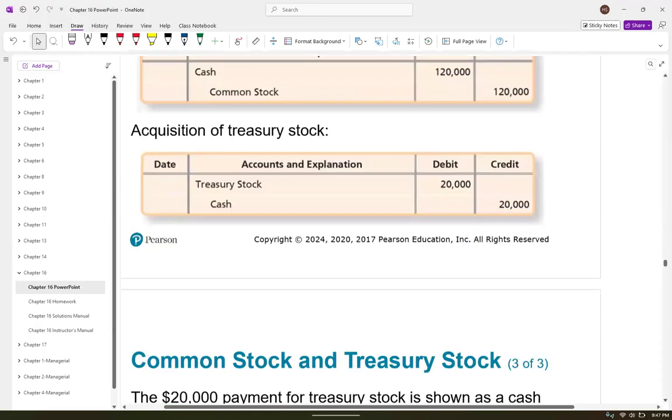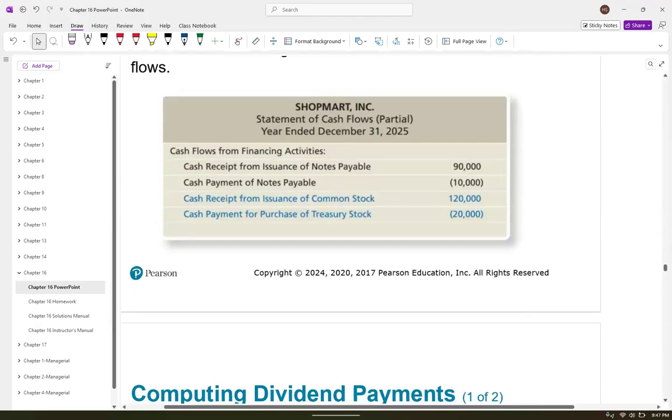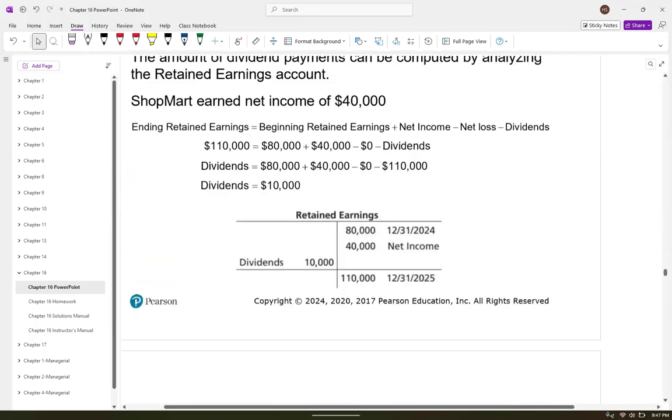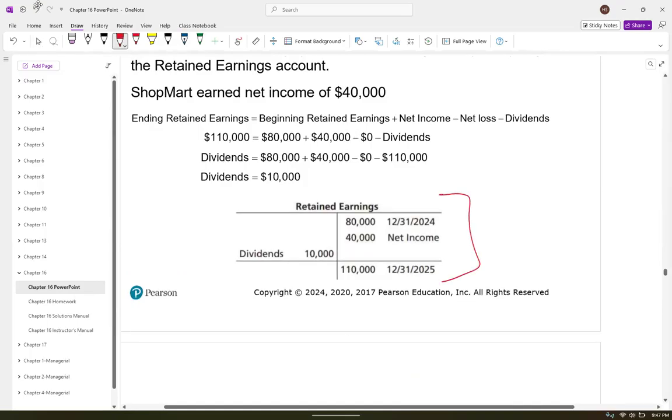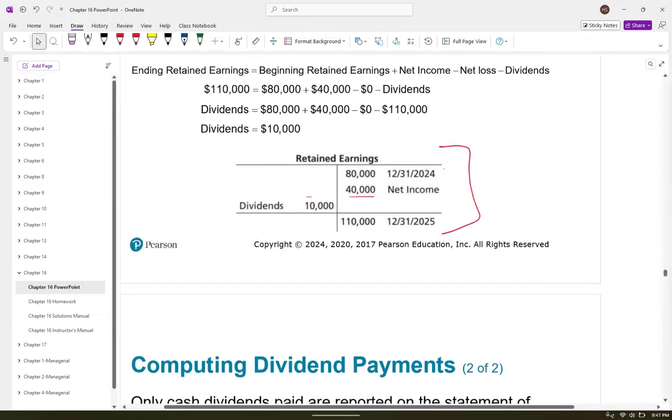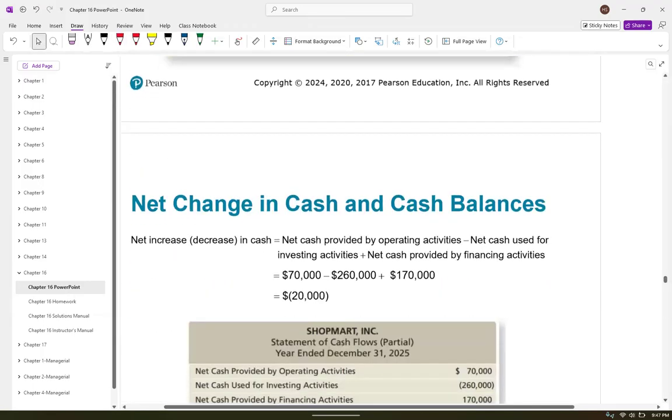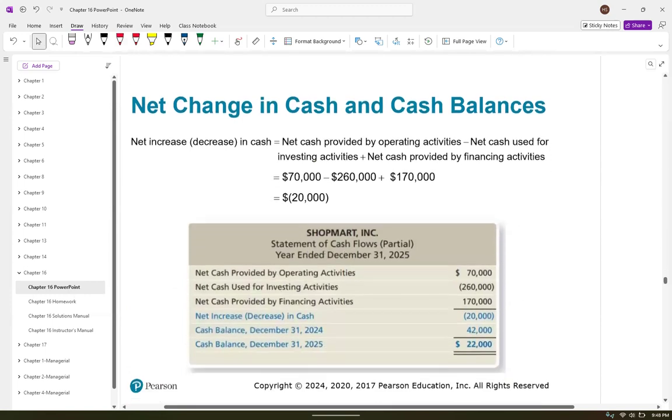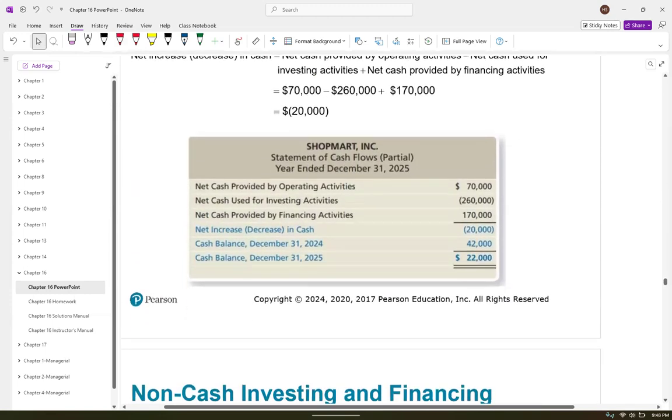They did the exact same thing I did in that T account up there for retained earnings. You have your beginning and your ending. We already had our net income, so it was real easy to back into our dividends. That's how we computed the dividends. And we got the net change in cash.